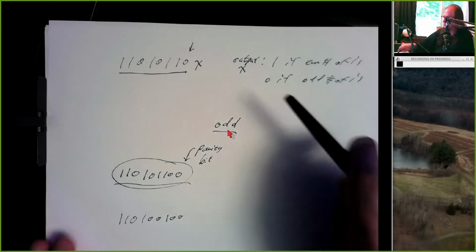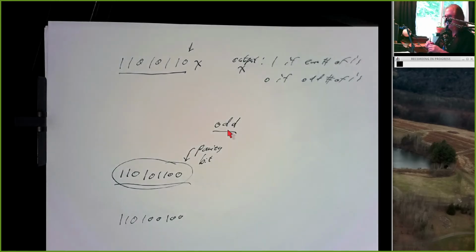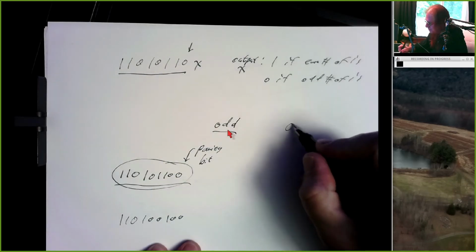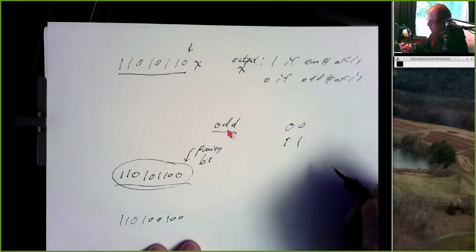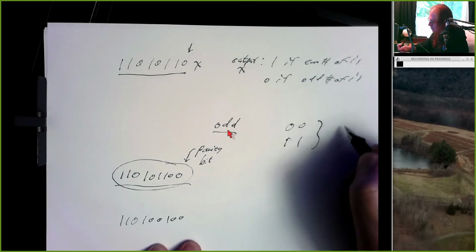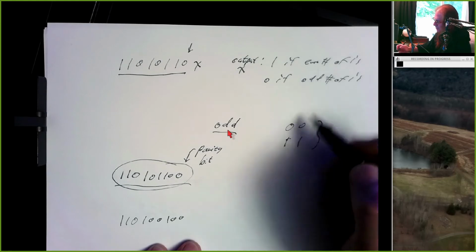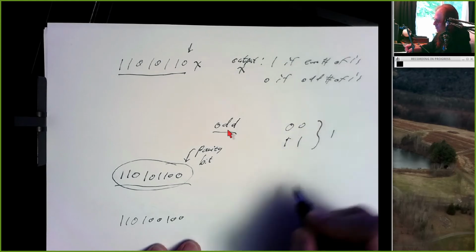So your circuit was supposed to generate this kind of behavior. And the way we talked about this last time was you can do this by using exclusive ORs. So if you have a number like 0, 0 or 1, 1, these are an even number of 1s, your output should be a 1.